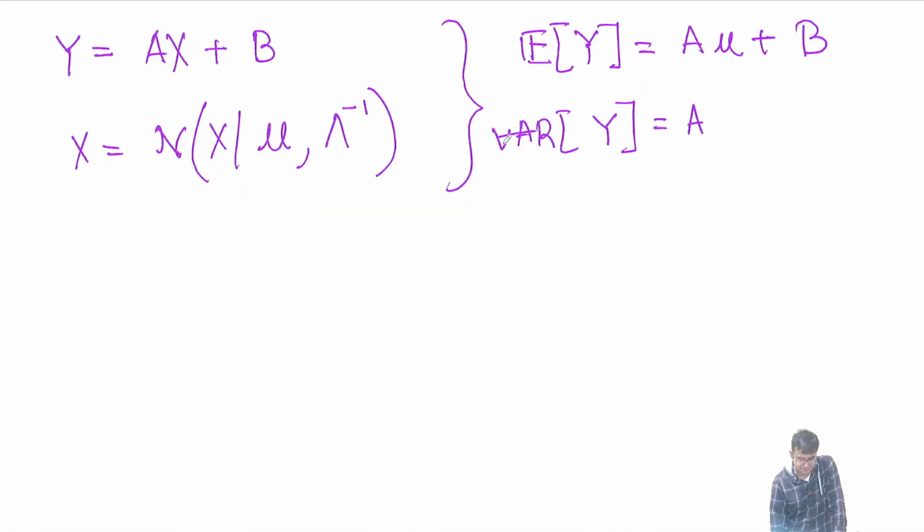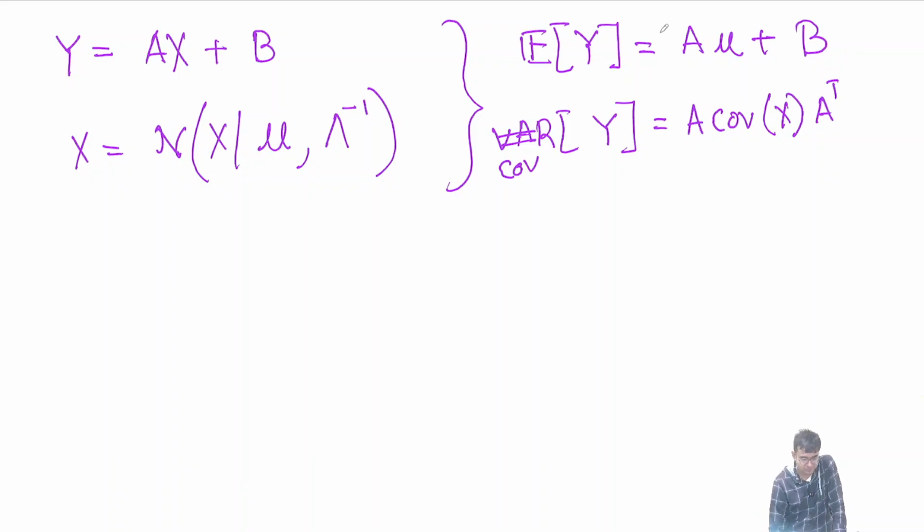A covariance of x, A transpose, plus in this case 0. Yes, assuming that b is constant. This same thing I have used previously.